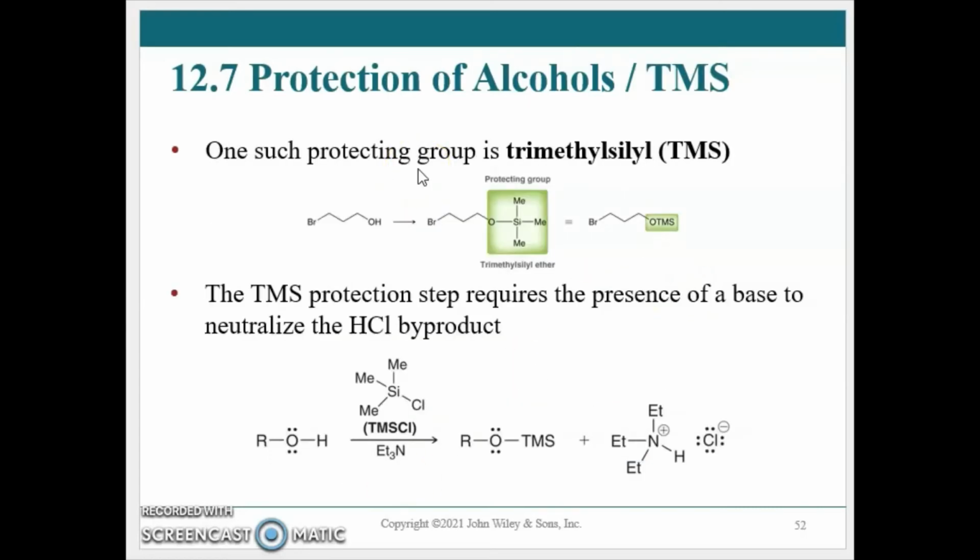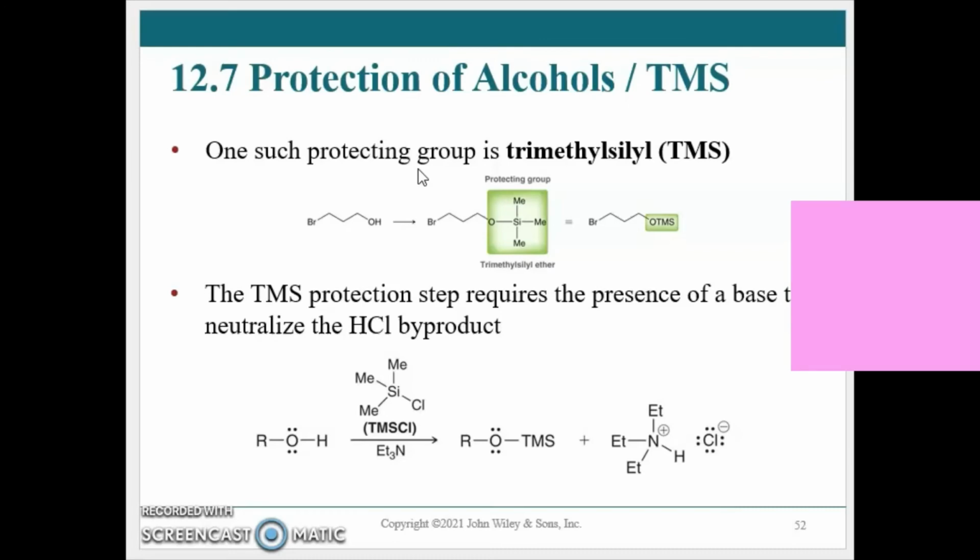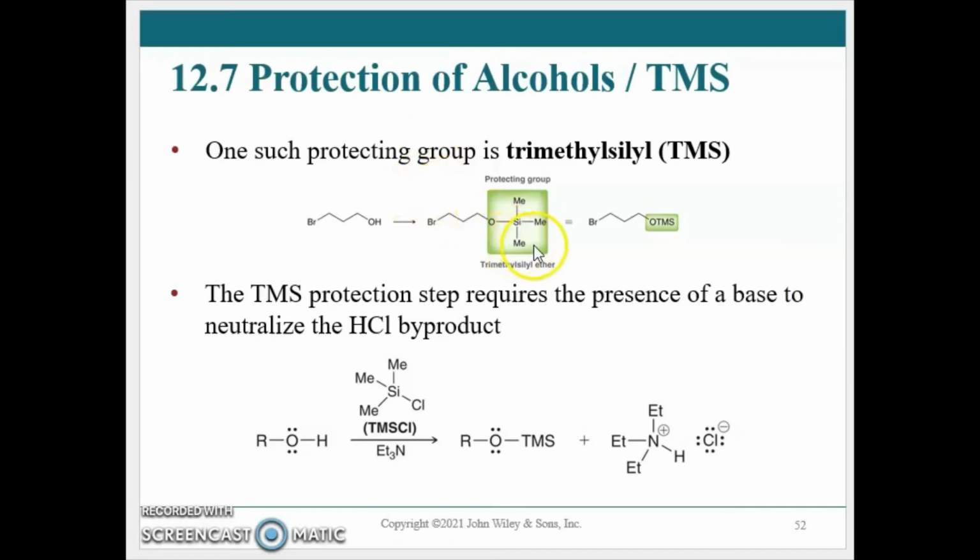Now, a facile protecting group for alcohols is the trimethylsilyl group, or TMS. So in this case, we will convert the alcohol into a trimethylsilyl ether. And this ether linkage is going to eliminate our acidic proton and allow this compound to form our Grignard reagent.